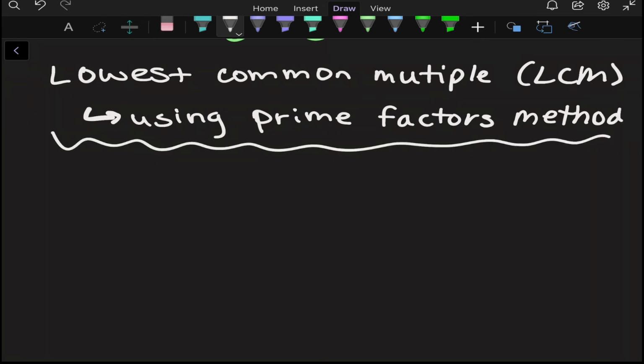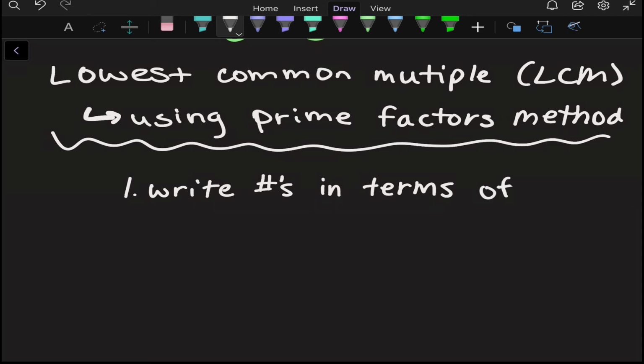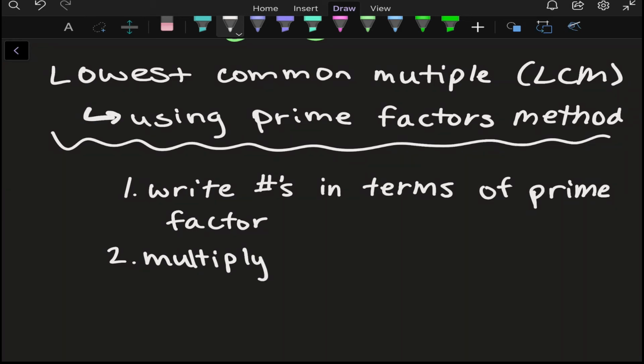So, to begin with, to find the lowest common multiple of 2 or more whole numbers, we have 2 steps. Again, we're going to write the numbers in terms of prime factors, and then we're going to multiply each greatest number, the number of times it occurs in either number.